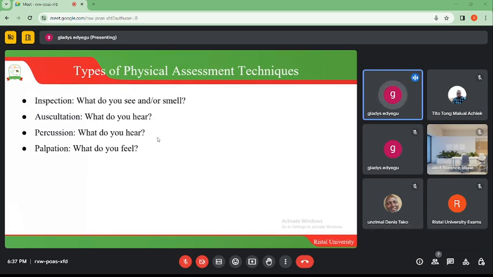Then inspection, you will see, and then you're able to judge with your eyes on what you've seen. And you can also smell. When you're inspecting, you can perceive some smell and you can judge whether there are signs of infection, sepsis, what kind of bad smell and so forth. So physical assessment techniques are basically these four: inspection, auscultation, percussion, and palpation, and they go in that sequence.